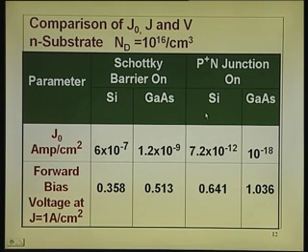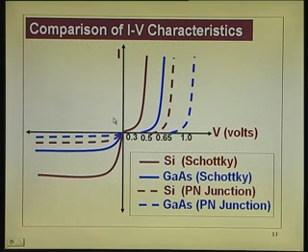On the silicon P plus N junction, J naught is much smaller compared to the Schottky, and correspondingly the voltage is, you can see, 0.358 for the Schottky barrier and 0.64 for the PN junction. For the gallium arsenide PN junction, the voltage drop is about 1 volt compared to the Schottky barrier of about 0.5 volts. A lot of difference.